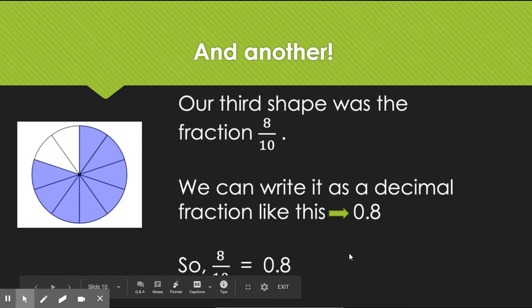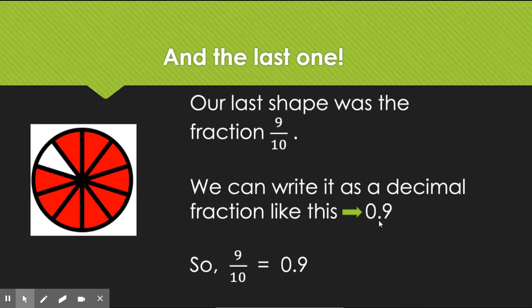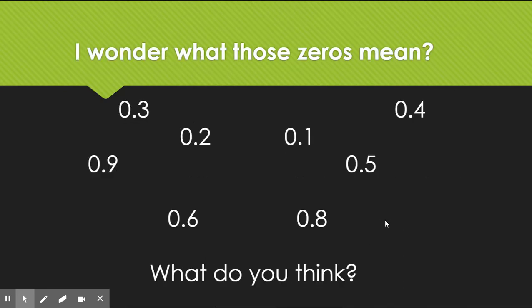So 8 tenths is equal to 0.8. 5 tenths, you can see 0.5. Notice all of these tenths, whatever amount is shaded, that number is written directly to the right of the decimal point. 9 tenths, 0.9.